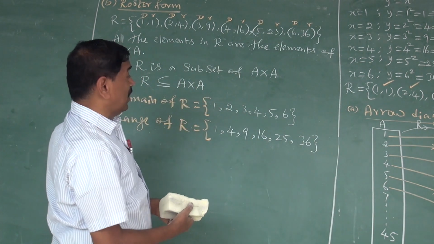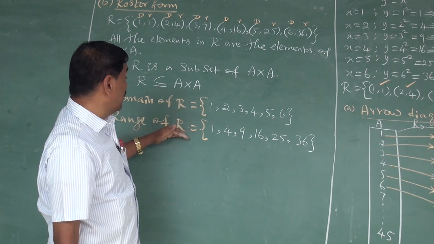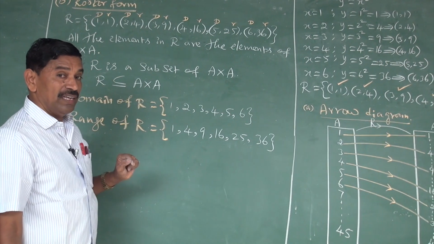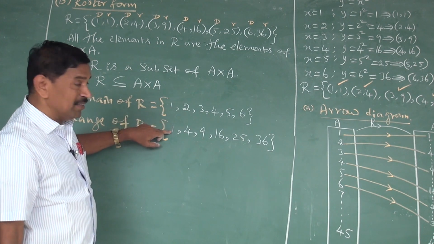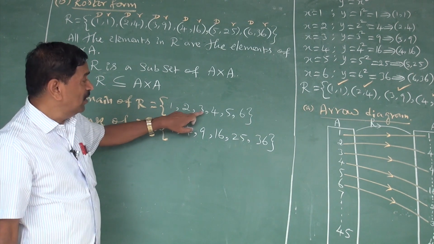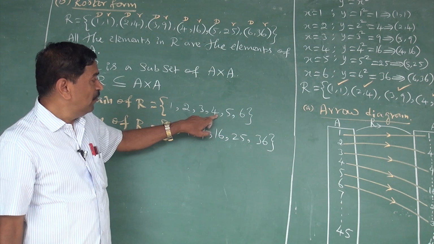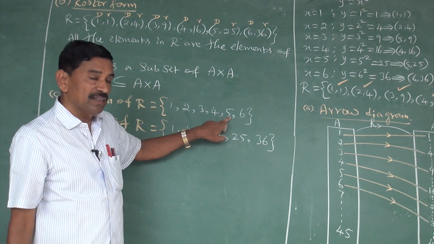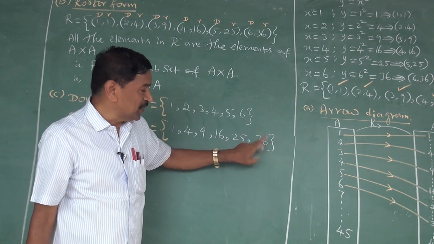Now we can verify. How to verify whether the domain and range are correct or incorrect? See, 1 square equals 1, 2 square equals 4, 3 square equals 9, 4 square equals 16, 5 square equals 25, 6 square equals 36.